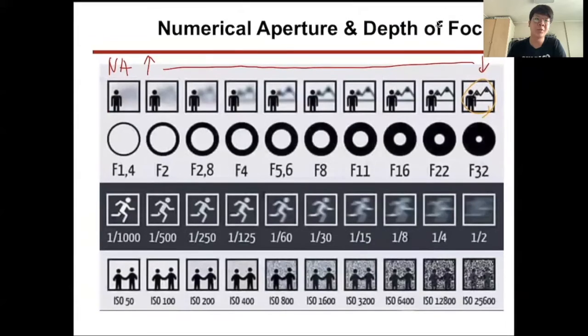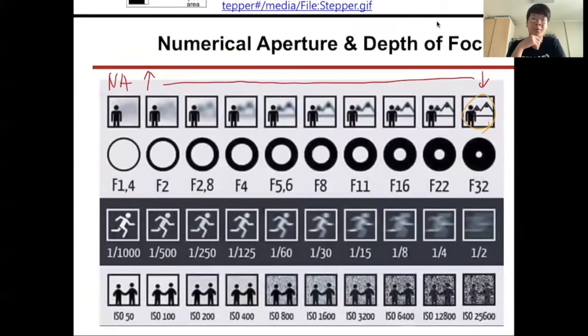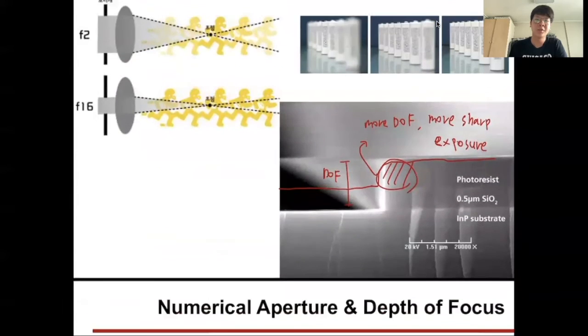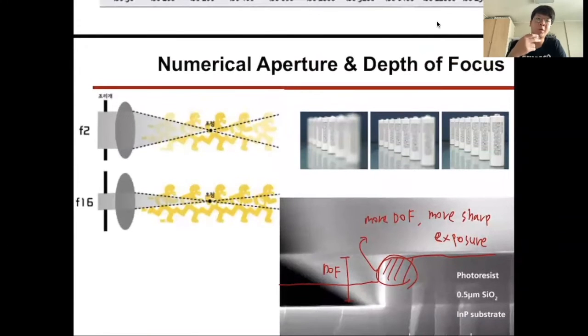And there is numerical aperture and depth of focus. As the numerical aperture gets smaller, the depth of focus gets higher. Using numerical aperture and depth of focus are important. If the numerical aperture is lower, then the depth of focus gets high.